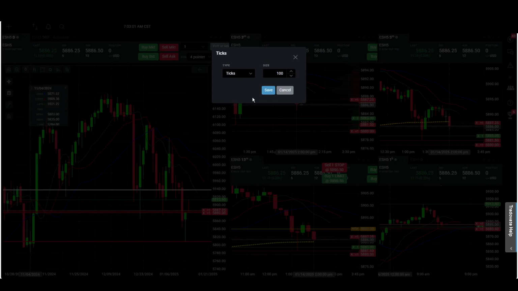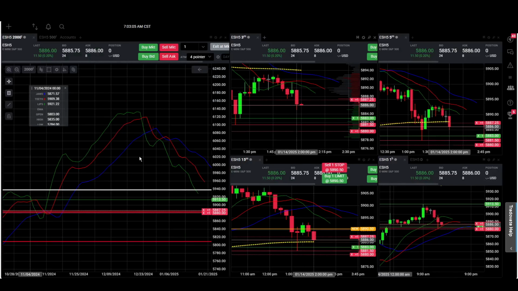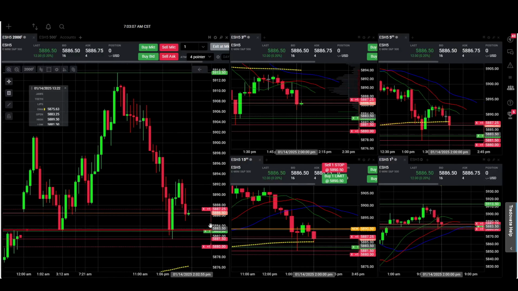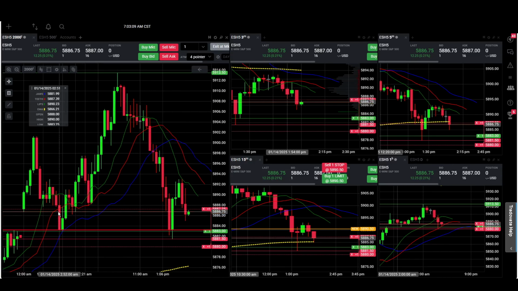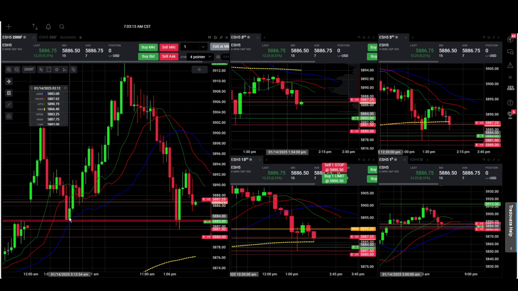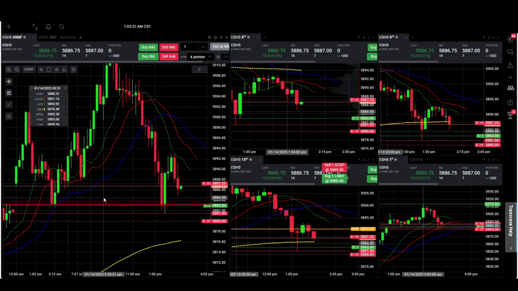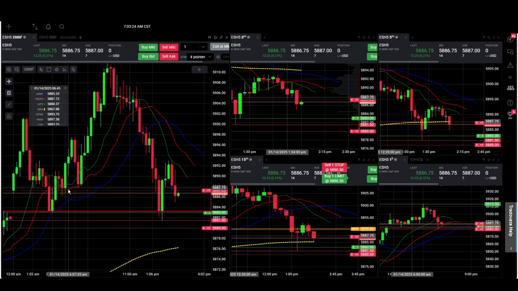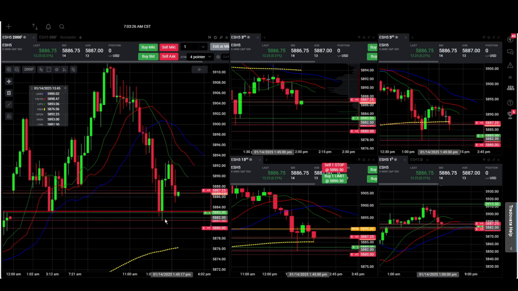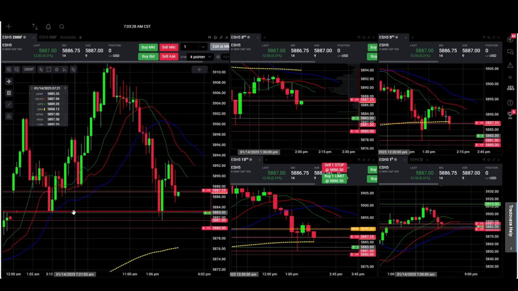So if we go back to our basic 2000 tick chart, what we can see here as well is that today, the 14th of January, the price has actually bounced off this area of the previous day's high twice already.